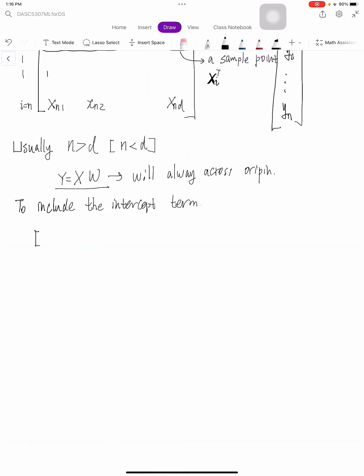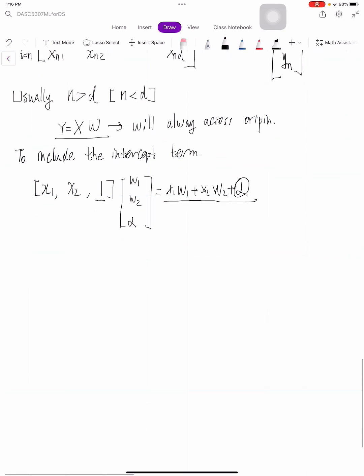For example, we have x1, x2, and we include 1 for each individual observation. And we have w1, w2, and alpha. So this gives us x1 w1 plus x2 w2 plus alpha. By including the 1 term, we can include the intercept term in our linear model.